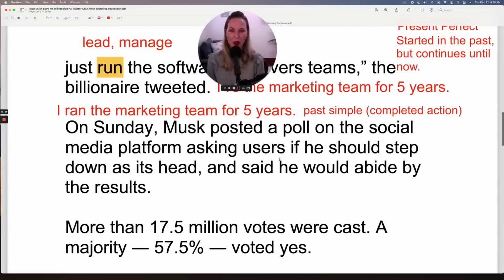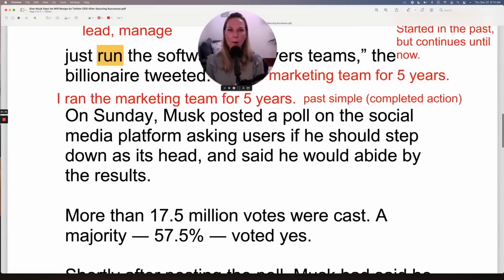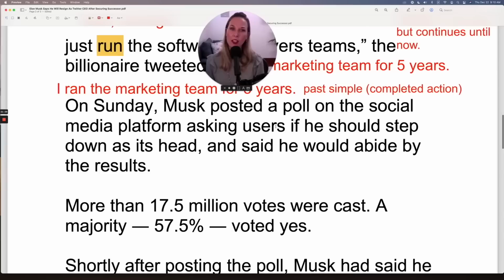Let's continue on. On Sunday, Musk posted a poll on the social media platform asking users if he should step down as its head, and said he would abide by the results. So we already learned this phrasal verb to step down, to voluntarily leave the position. Again, the same as resign or quit.